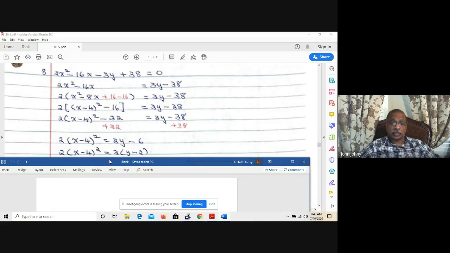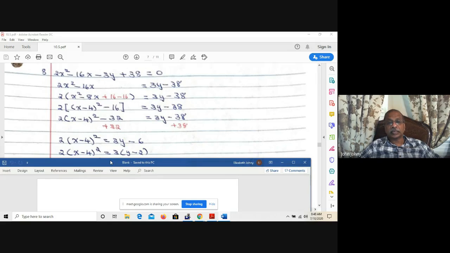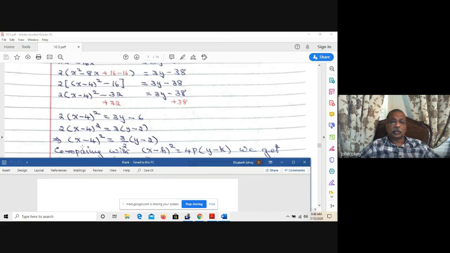Pull out a 3. So 2 times (x minus 4) the whole square is equal to 3 times (y minus 2). And so divide both sides by 2. You get (x minus 4) the whole square is equal to 3 over 2 times (y minus 2). Now you compare with the relevant formula.